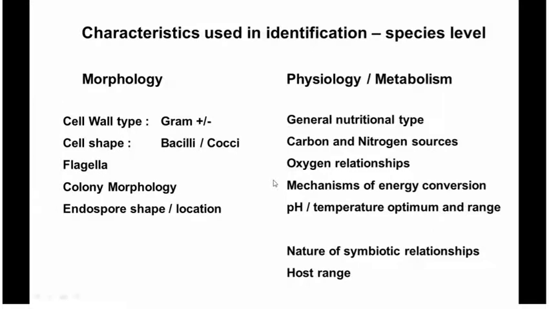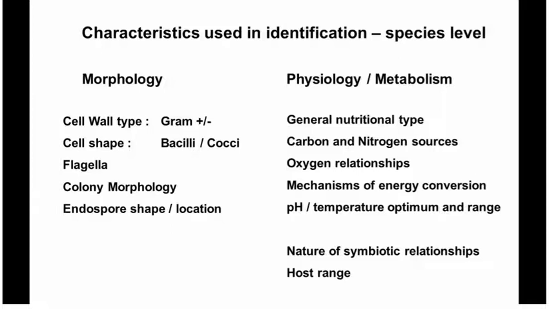Whether the bacteria are anaerobic or aerobic. And related to the general nutritional type is how they get their energy, whether they are thermophilic, mesophilic, whether they like acid, alkaline, or neutral pH. So these are other elements of information you can use to characterize bacteria.